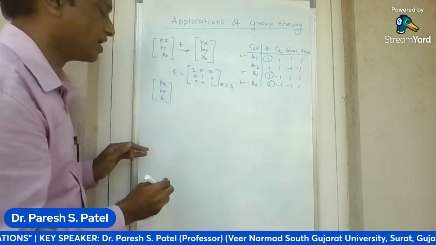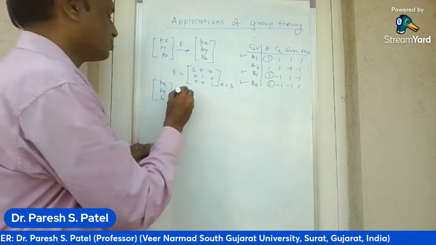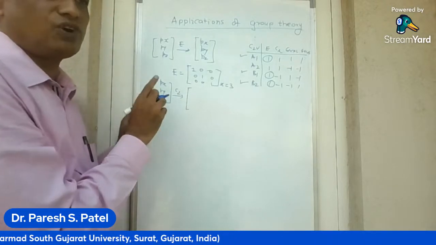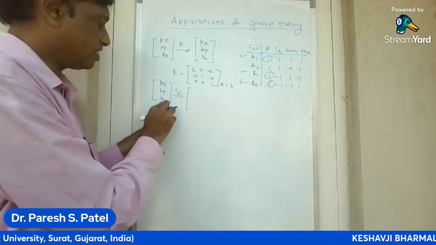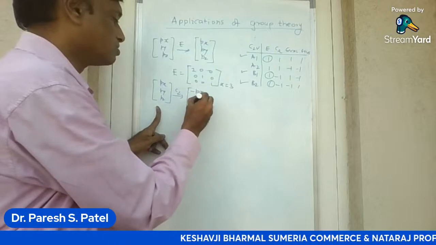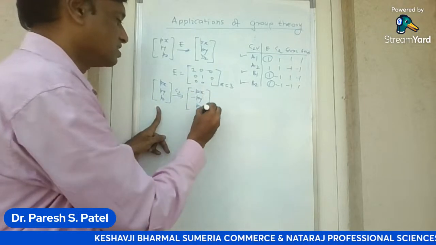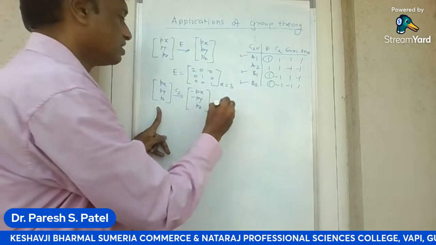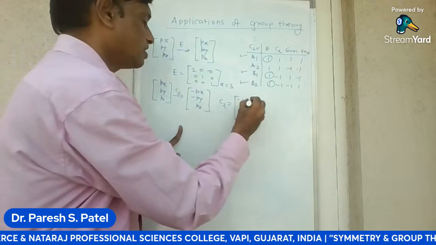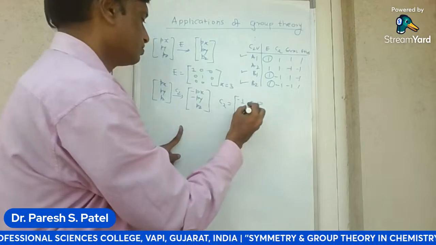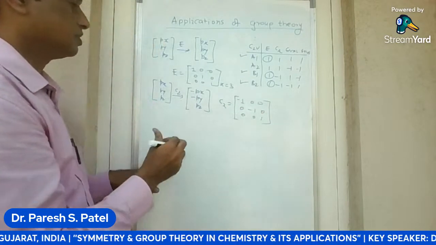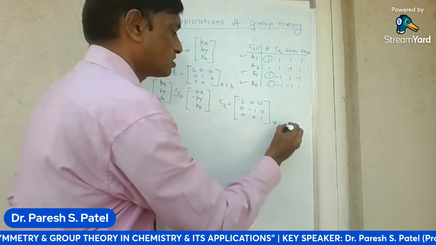Character means the summation of diagonal elements. If we operate C2, we have to consider the water molecule along the z-axis. Operating C2, x and y become minus px, minus py, and pz remains as it is. So the matrix for C2 is minus 1, 0, 0, 0, minus 1, 0, 0, 0, 1. The character of this matrix is equal to minus 1.